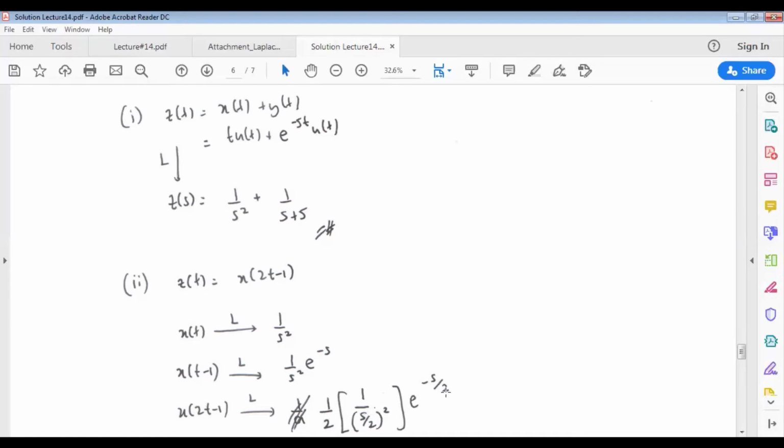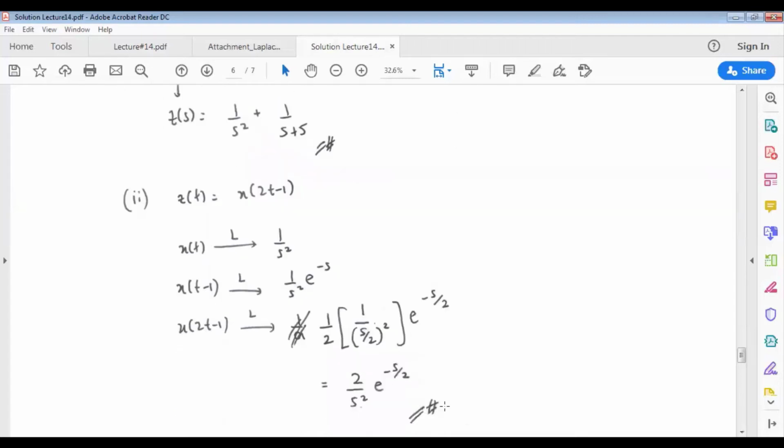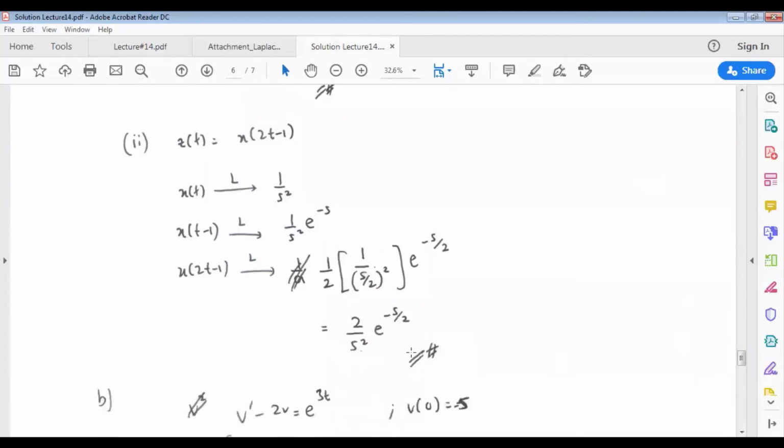You can refer to the scaling properties to obtain these results. So this is the answer for the Laplace transform of x(t) which experiences the time shifting and time scaling.